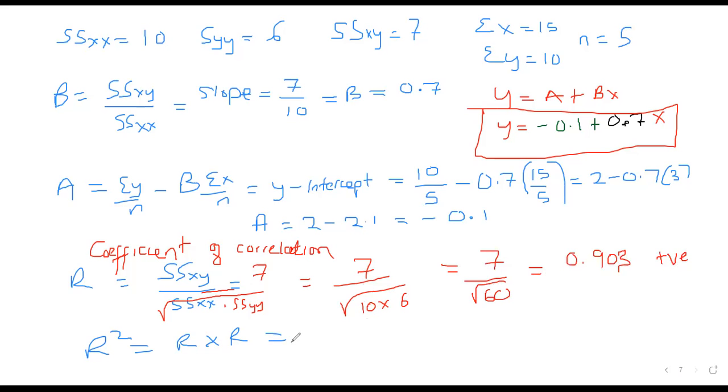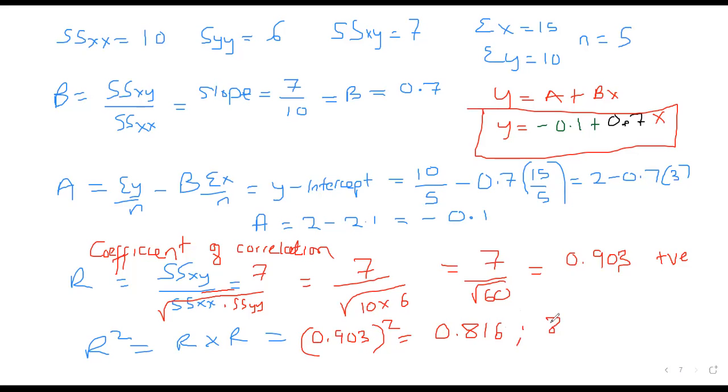Then R squared is the coefficient of determination. You're simply squaring 0.903. This will give you 0.816. So what does this mean?